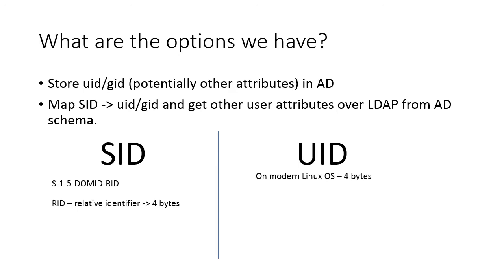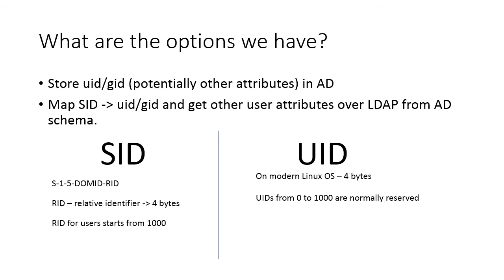Okay, and as you may know, Unix identifiers are also 4-byte numbers, so it looks similar, but you may also know that some of the UIDs are reserved for system users, from 0 to 1000. It was different previously, and it differs between some old distributions, but for modern distros it's mainly like this. And guess what?